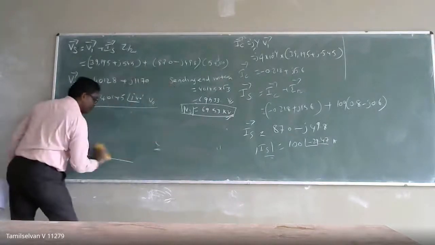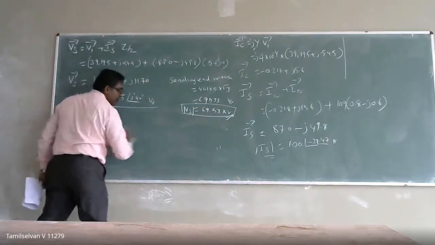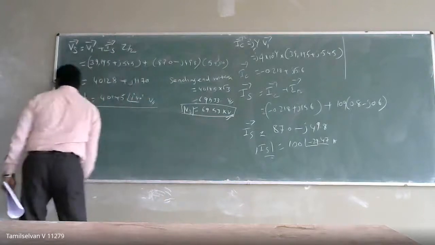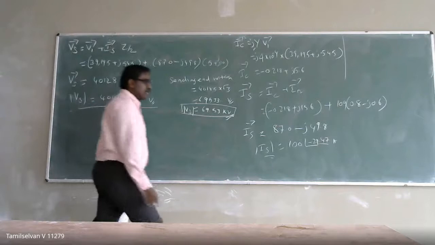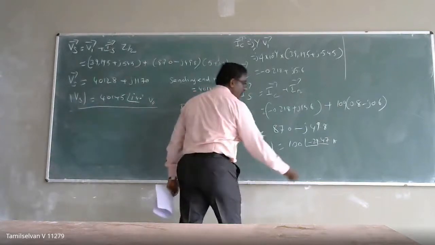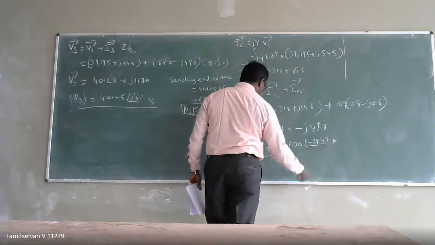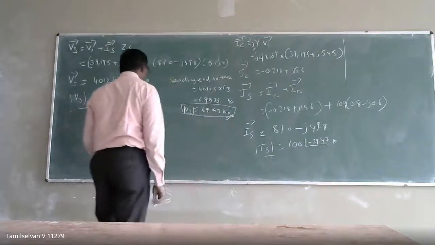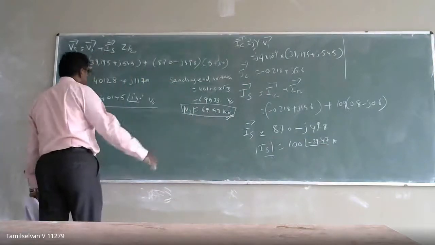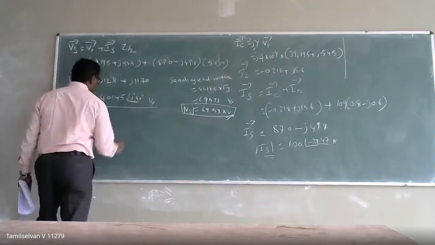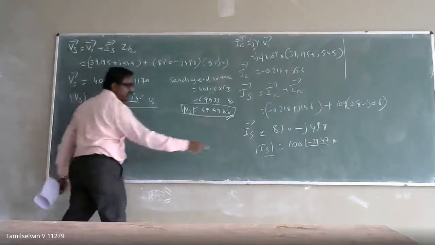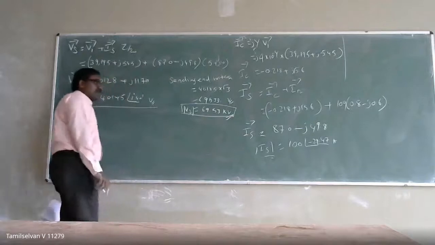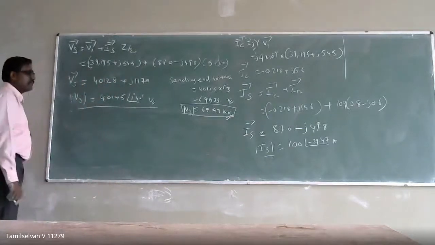If you see the phasor diagram, you will have the angle between your voltage and current. If you add this angle, minus 29.47 and 29.47 angle and 1.40, you will get phi s. So phi s is this angle plus that angle between the voltage and current. That will give your sending end power factor.